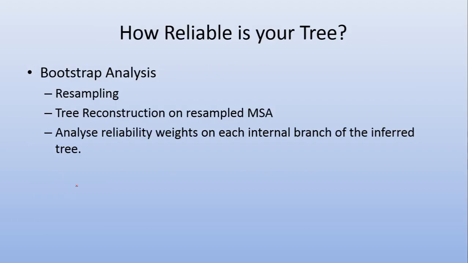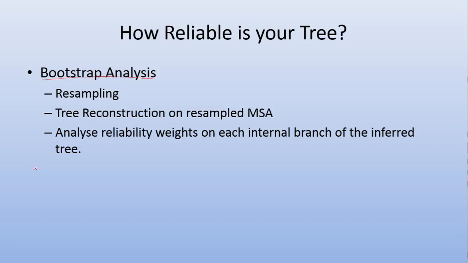Now let us start discussing the fact that, say you have created a tree from your multiple sequence alignment by whatever method, by the maximum parsimony method or maximum likelihood method, or you might have used a distance based method. Then you might ask yourself, is my tree really reliable, or how can I decide if the tree that I have generated is reliable or not? In order to answer this question, people usually implement bootstrap analysis.